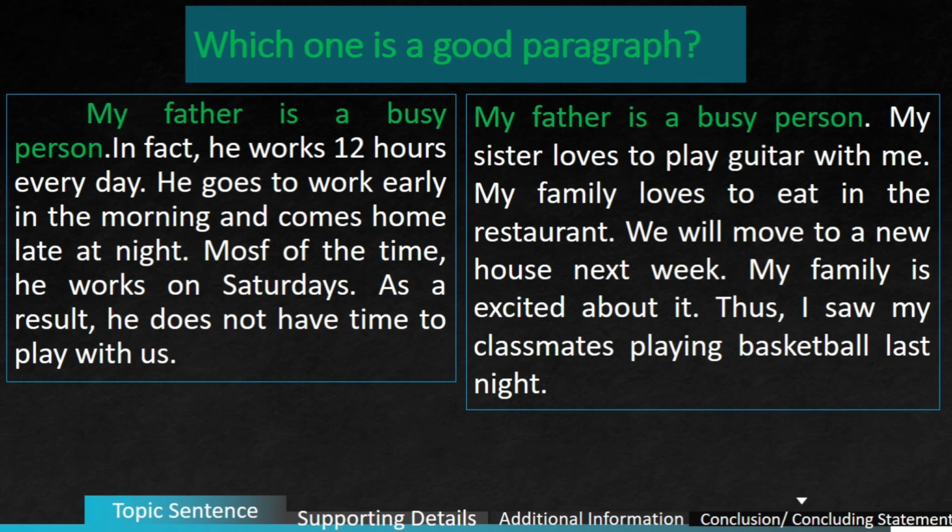The good paragraph here is, I would say, the first paragraph. Because if you notice, the rest of the sentences, like, in fact, he works 12 hours every day, he goes to work early in the morning and comes home late at night, most of the time he works on Saturdays. All these sentences support our topic sentence, which is, my father is a busy person. These can all support why my father is a busy person.